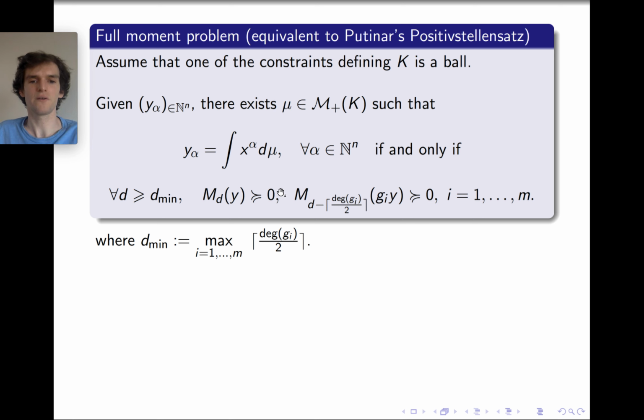And this is true if and only if, basically, we have feasibility. So in other words, the moment matrix is positive semi-definite, and the localizing matrices are all positive semi-definite. Okay, and you can see, there's a primal-dual perspective on what I just said about sum of squares, where you needed to have a ball constraint. So this is equivalent to Putinar's Positivstellensatz that we saw regarding sum of squares.